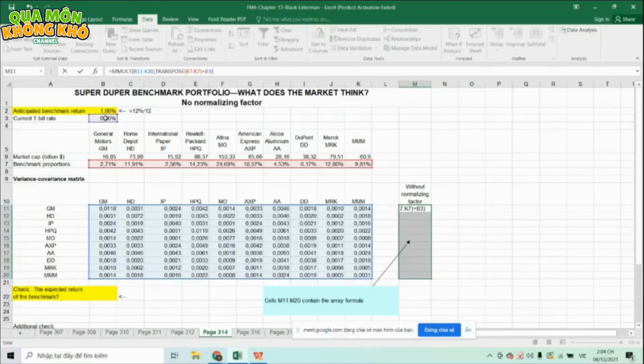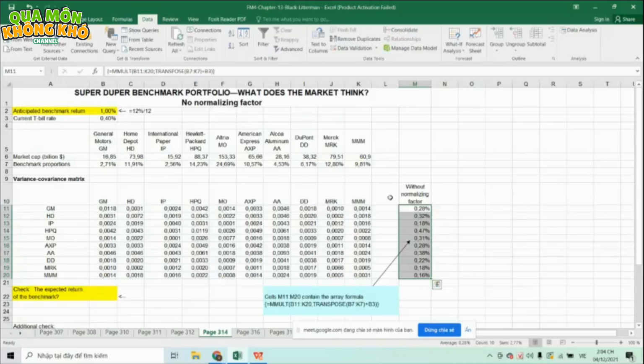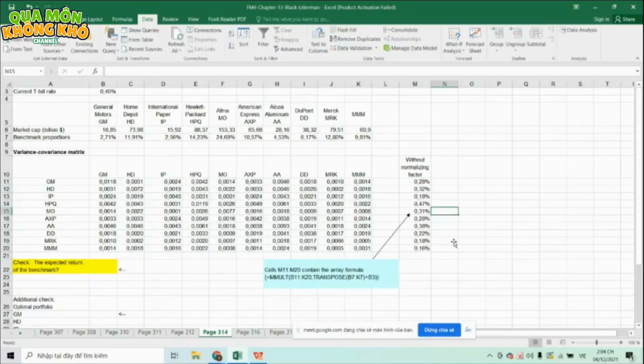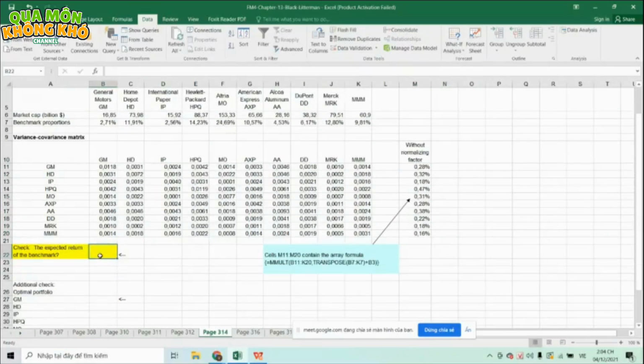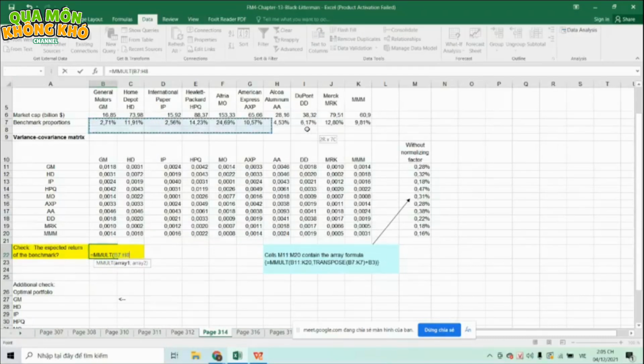So this is the expected return, and then we will check it with the expected return of the benchmark by the formula MMULT of the benchmark proportions with this.